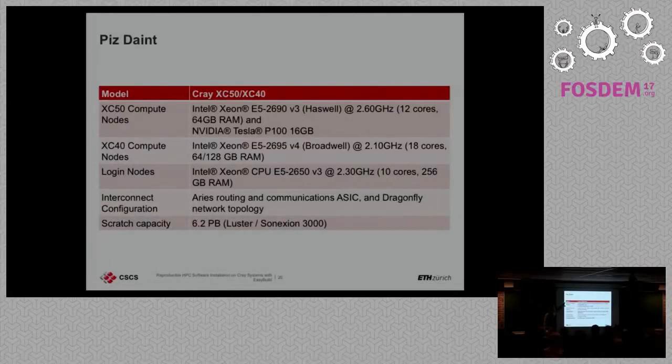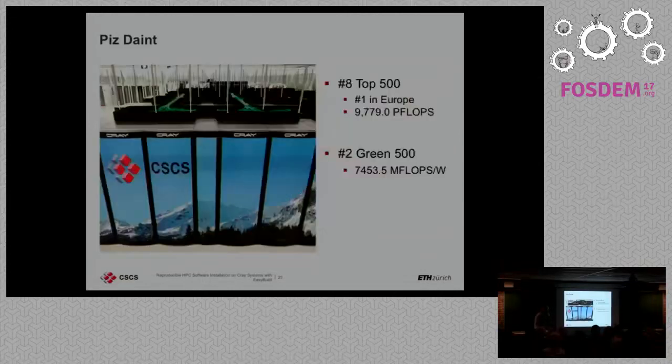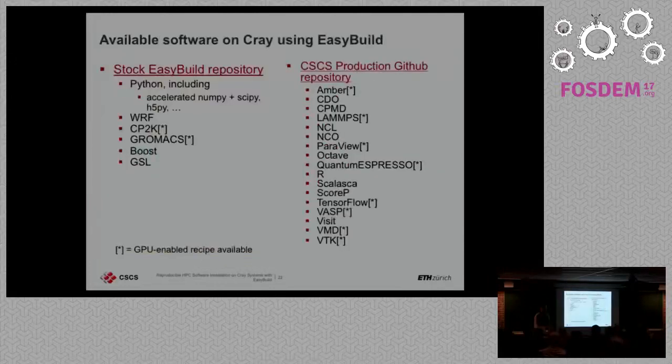Here is our largest partition with the Tesla Pascal P100 GPUs, and then we have the Broadwell partition. According to the Top500, it is the number 8 fastest supercomputer in the world, and according to the Green500, it's the second most efficient supercomputer with respect to energy consumption.